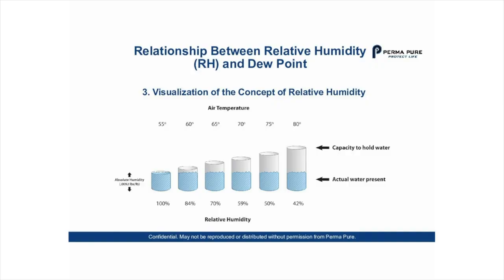At 55 degrees, you have a 100% relative humidity with that baseline. As you increase the temperature, it can go all the way down to a relative humidity of 42%. That means at a temperature when it seems wet and absolutely humid, 25 degrees above that, it's going to feel dry.